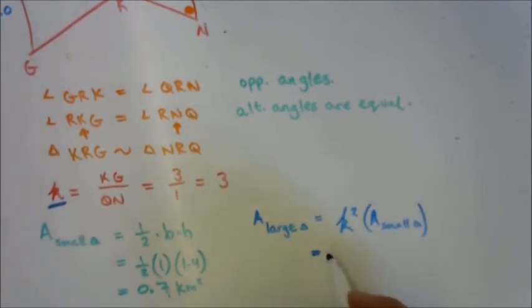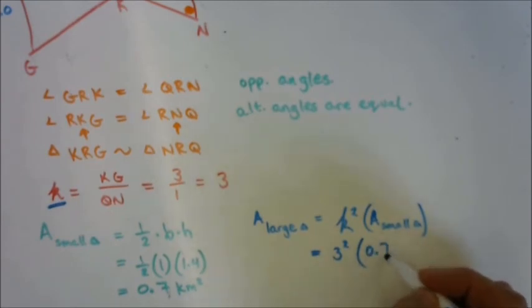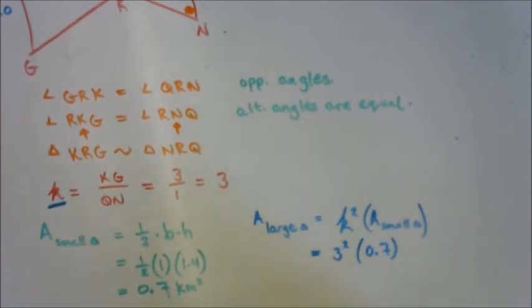So here we go, the area of the large triangle is 3, because that's K, squared, times 0.7, which is 9 times 0.7, which is 9 times 7, and then move the decimal one place. 6.3 kilometers squared.